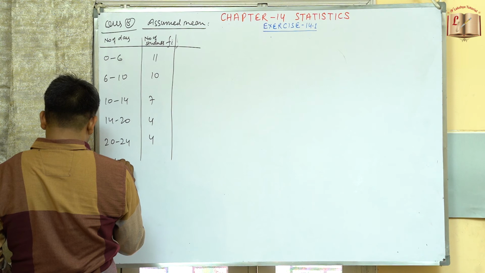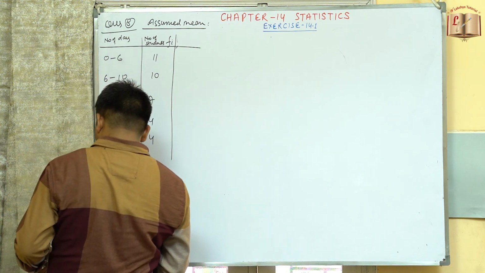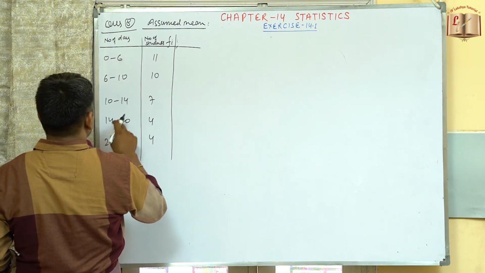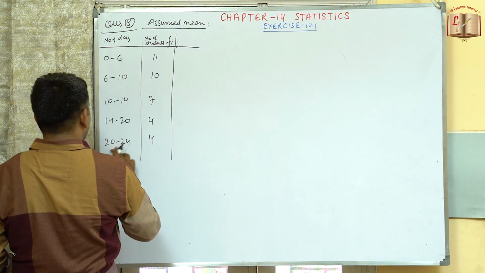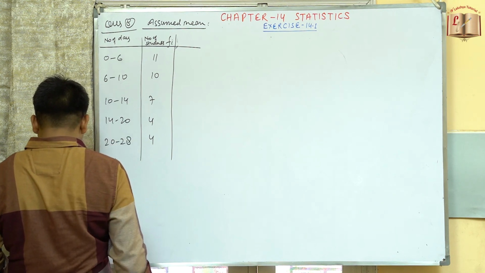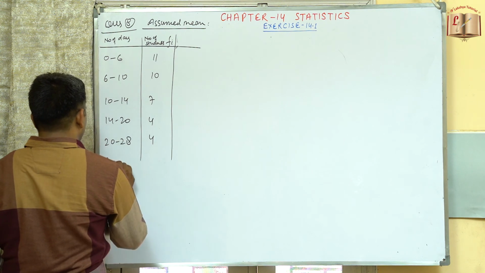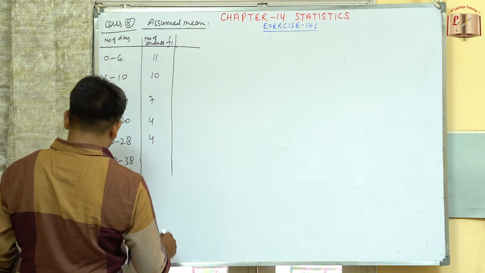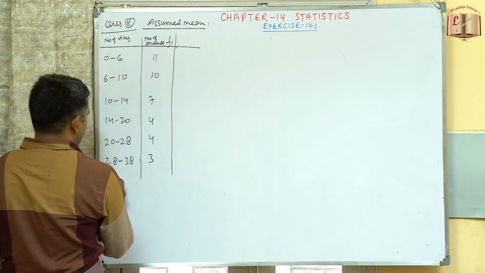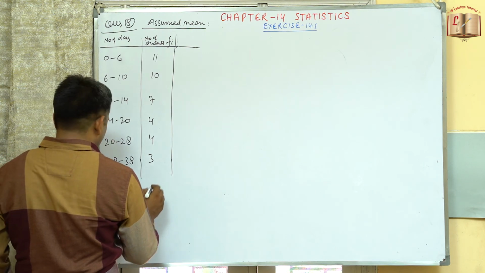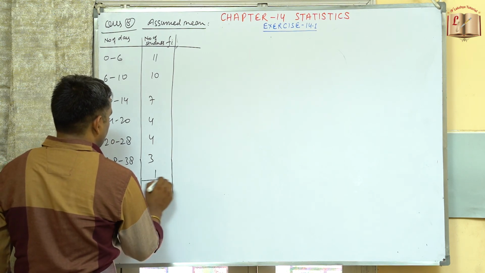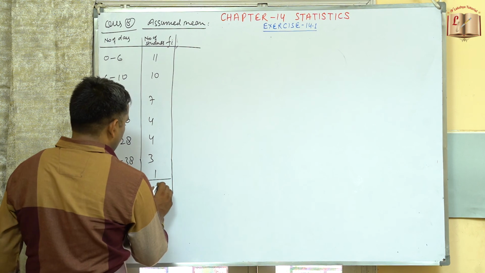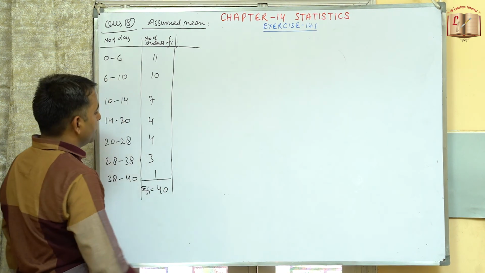Then 28 to 38, this is 3, and the last one is 38 to 40, this is 1. And the sum of students, sigma fi, is already given to us, so this is 40 students.